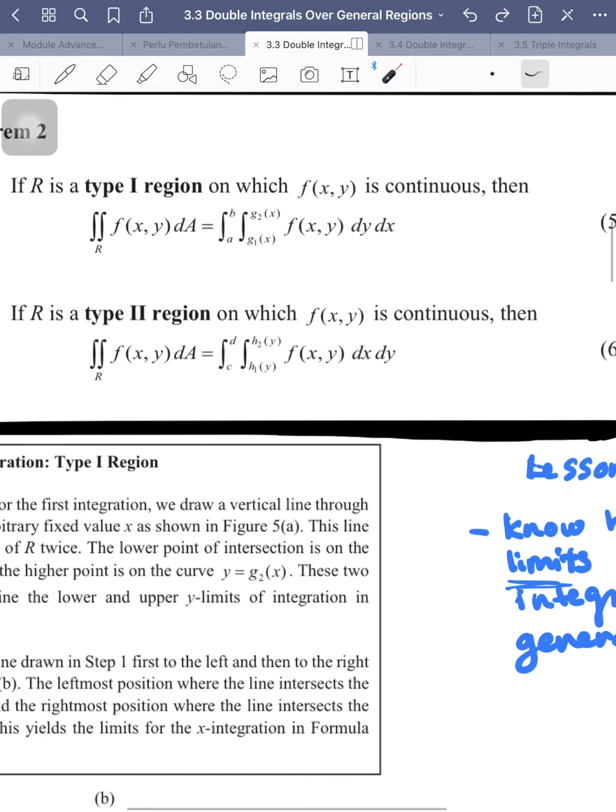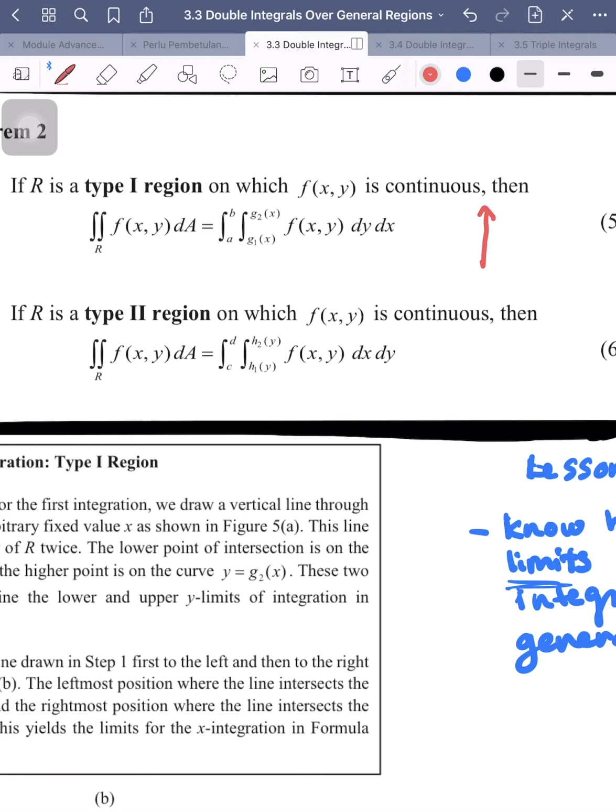Okay, how to find the limits? First, you have to sketch the graph. After you sketch the graph, you need to know how to look at the graph. So how to look at the graph for dy dx? You have to look from bottom to top.